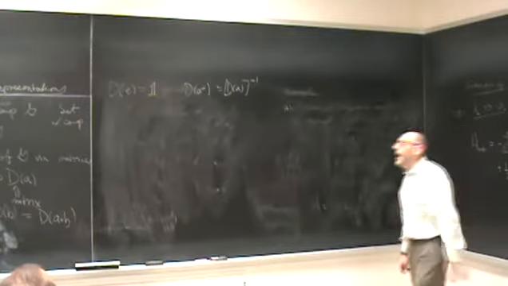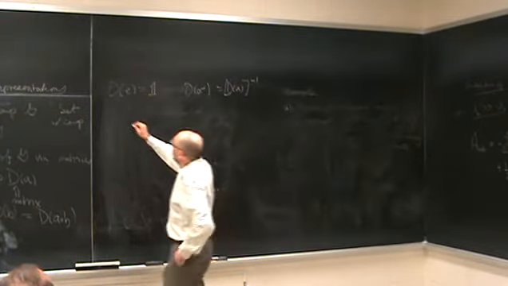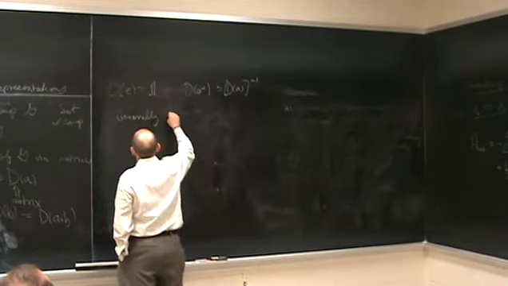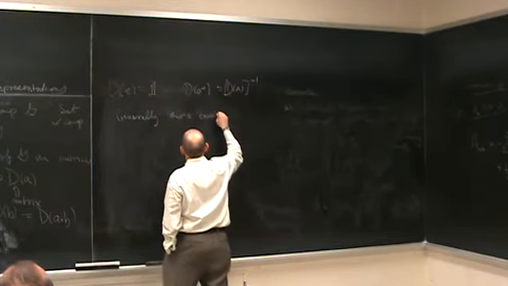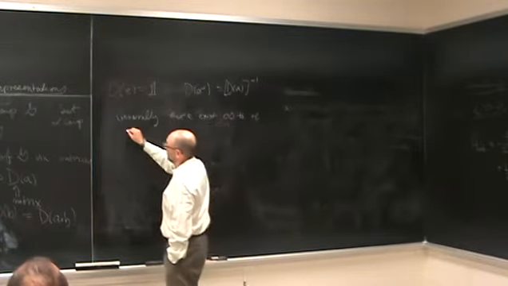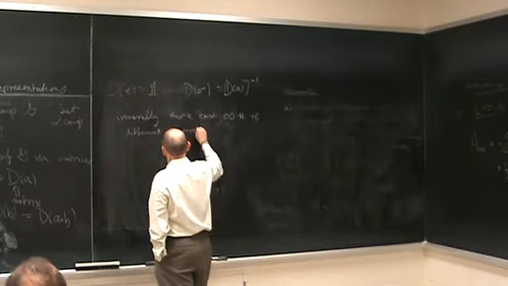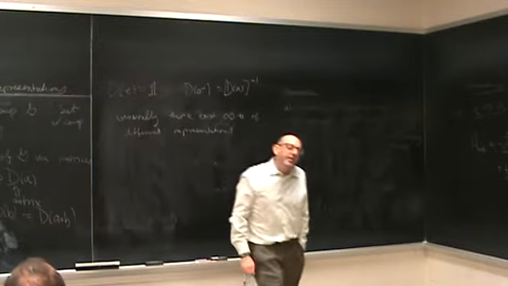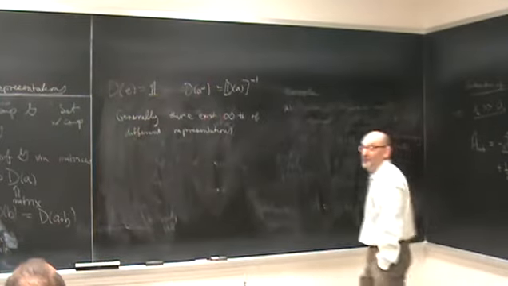That is what's known as a matrix representation. Generally, there exists an infinite number of different representations. There's not a unique way of doing this. There's always one way of doing it. It's a very trivial way.